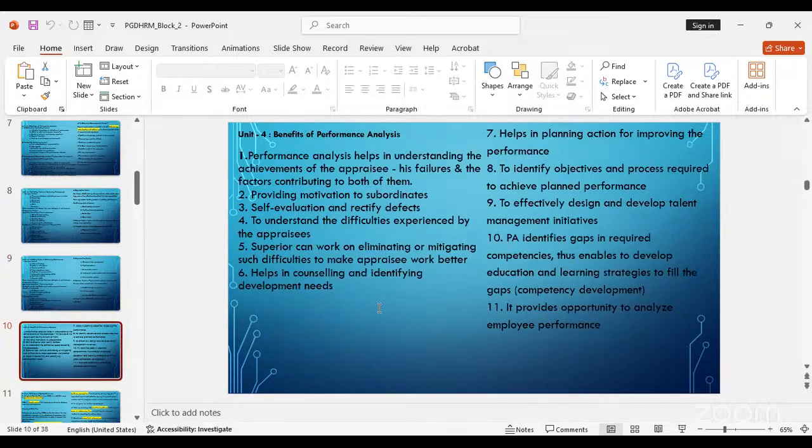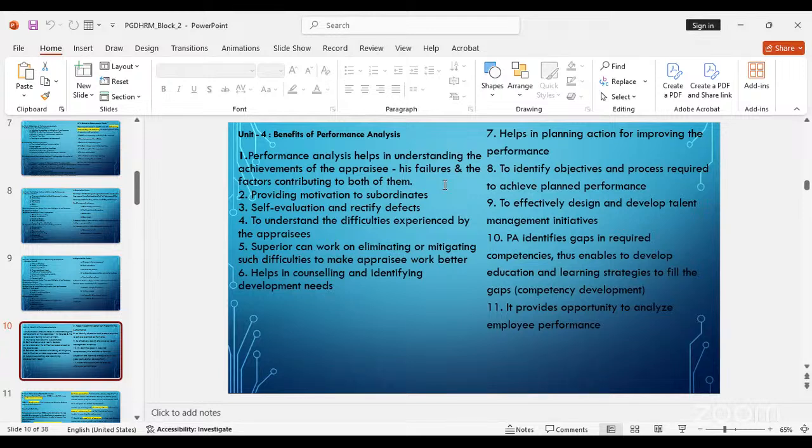Let us look into the need or benefits of performance analysis. What are the benefits an organization can gain by implementing performance analysis? This will help in understanding the achievements of the appraisee, his values, and the factors influencing achievement of better performance, or the factors affecting failure of the employees.